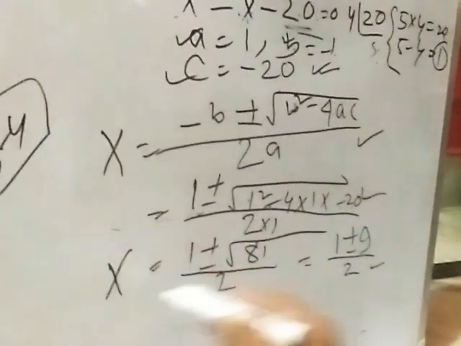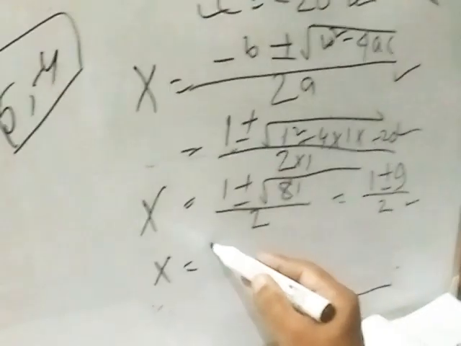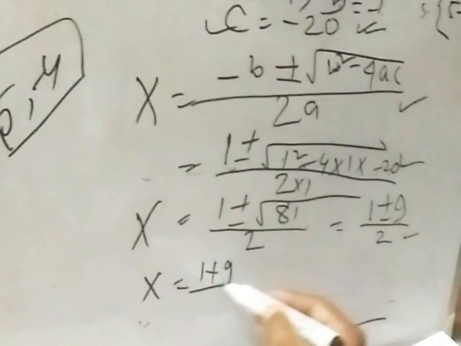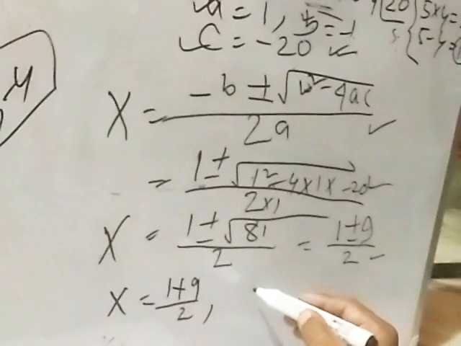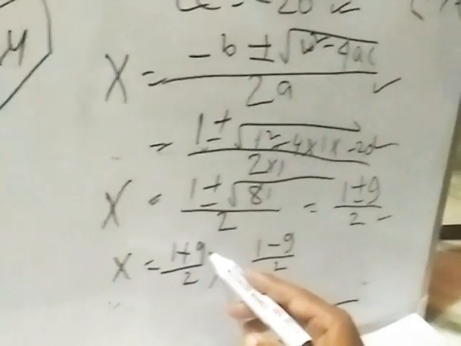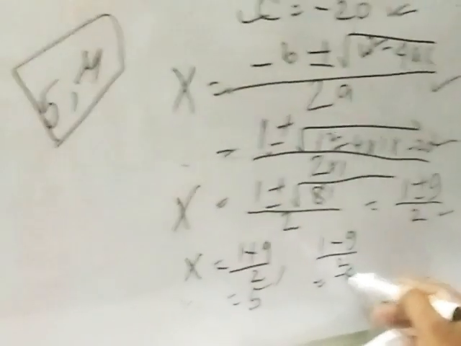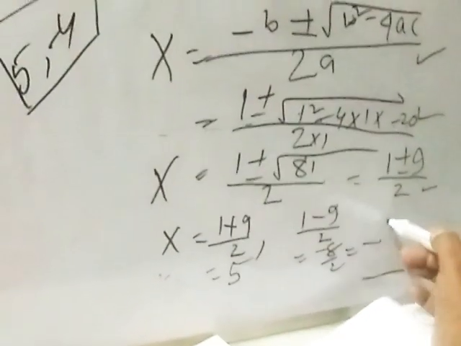This is the value of x. You look, x equals one value (1 plus 9) by 2 and another value (1 minus 9) by 2. This is 9 plus 1, 10, 10 by 2, 5. And this is minus 8 by 2 equals minus 4. So by applying Sridhar Acharya, you got two values.